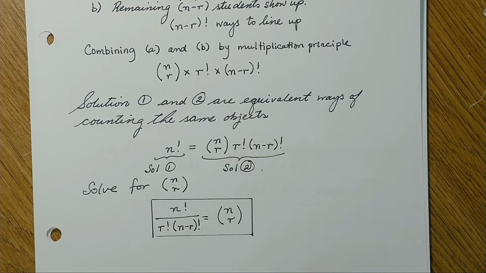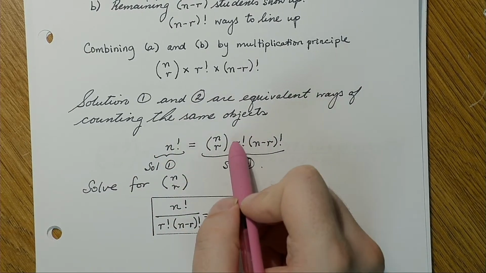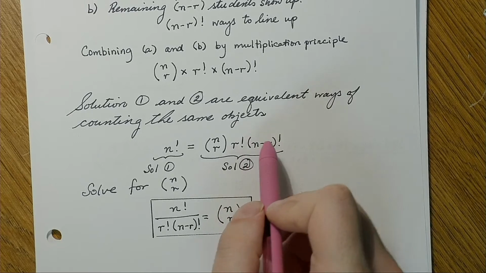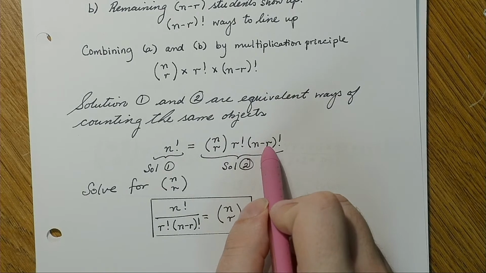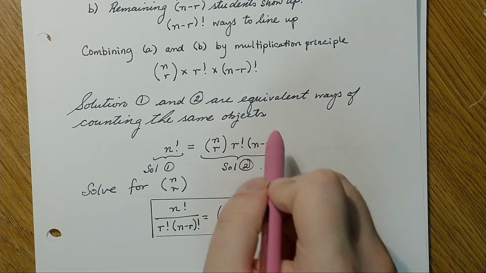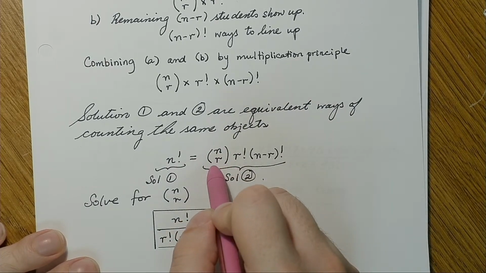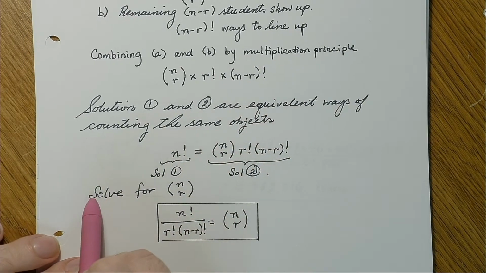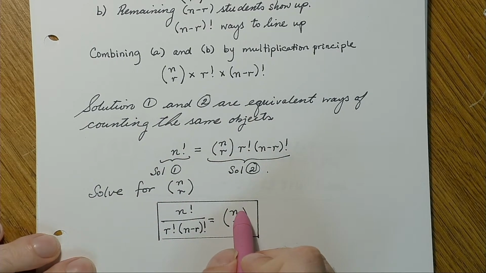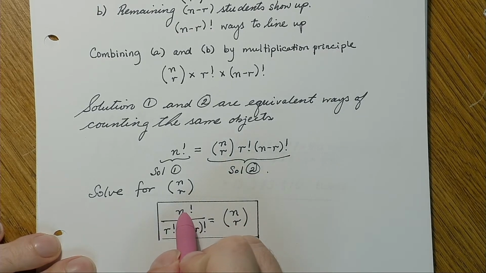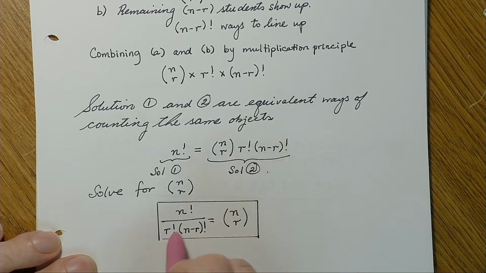So what was good about this was we knew n factorial, we knew r factorial, we knew n minus r factorial. We can calculate these. If you tell me what n and n minus r are, I can calculate those quantities, but it was the n choose r that we didn't know. So that's why we were able to solve for this algebraically. And solving for that algebraically, n choose r was n factorial, and then bringing over the r factorial and the n minus r factorial into the denominator.